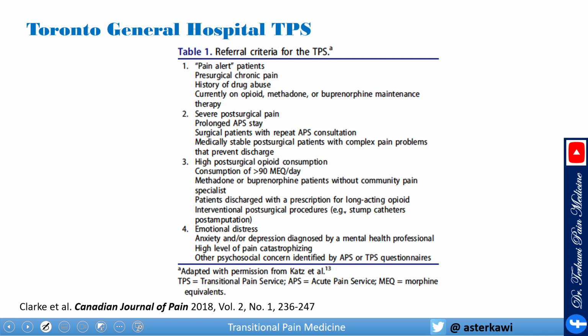So this is the referral criteria that Toronto General Hospital used to refer patients to the transitional pain service. I will not go over the details for the sake of time, but basically there are some pain alerts: severe pain, the amount of opioid use, and some psychological factors.